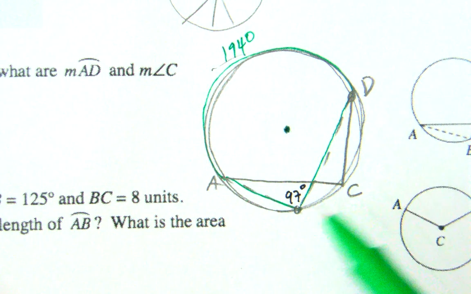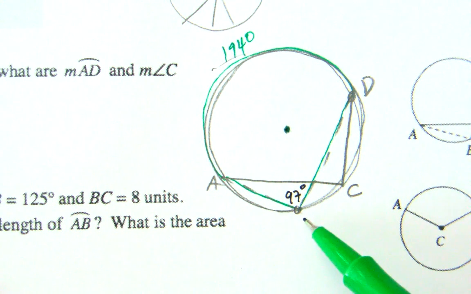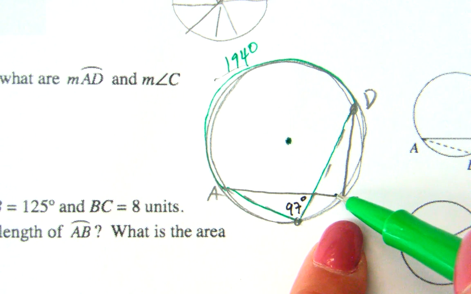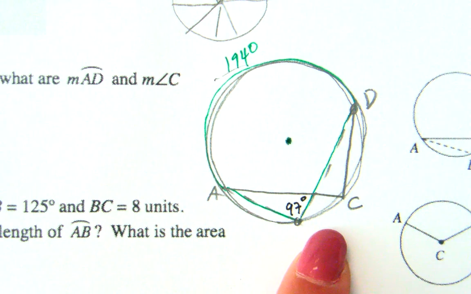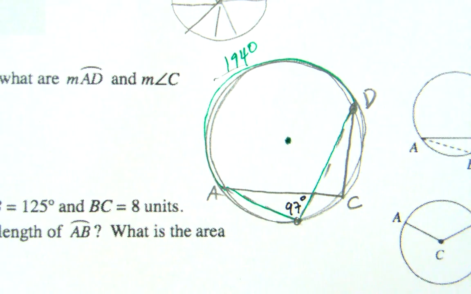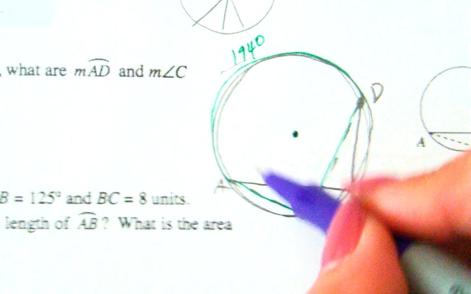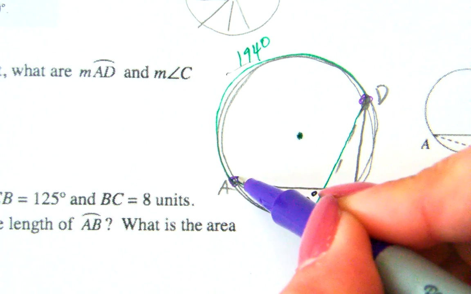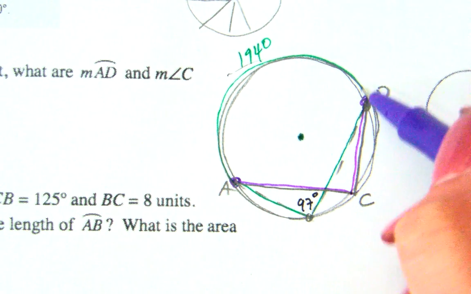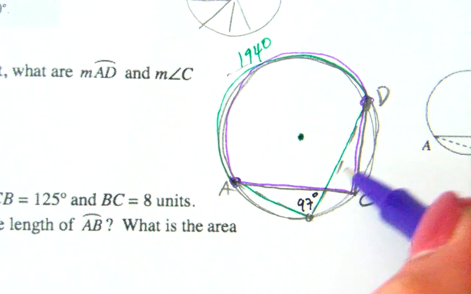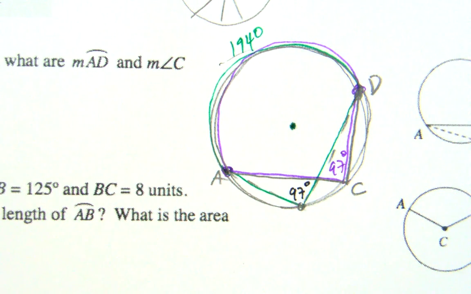And the other angle has to be 194 too. Oh yeah, I'm sorry, they both subtend the same arc. That makes more sense now. Since they both hit right here, this angle here hits the same green arc as 97 does. So this is technically 97 degrees, and there's AD right there. So we're done with that one.